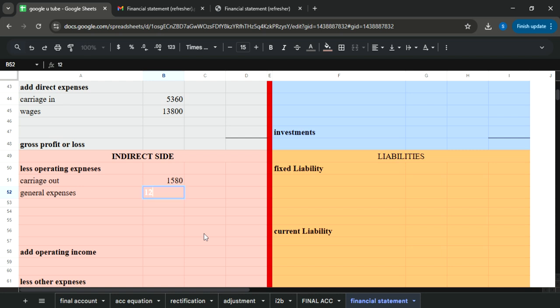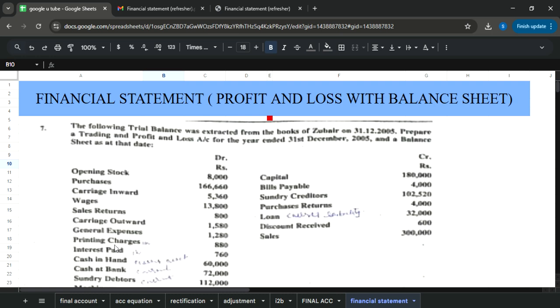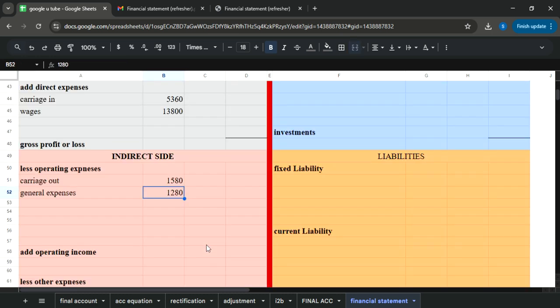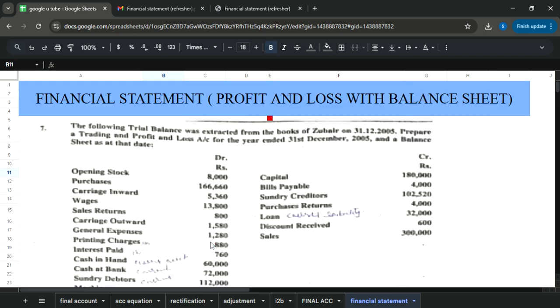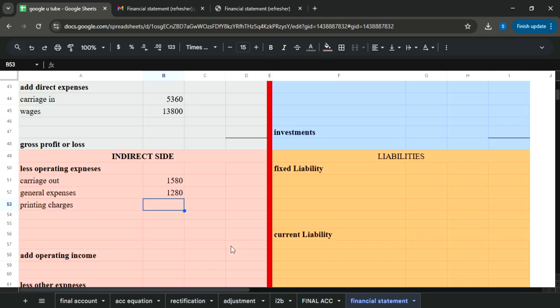Put the amount in front of it. Then we have printing charges. This is also part of the operating or indirect side. Printing charges, the amount of which is 880.